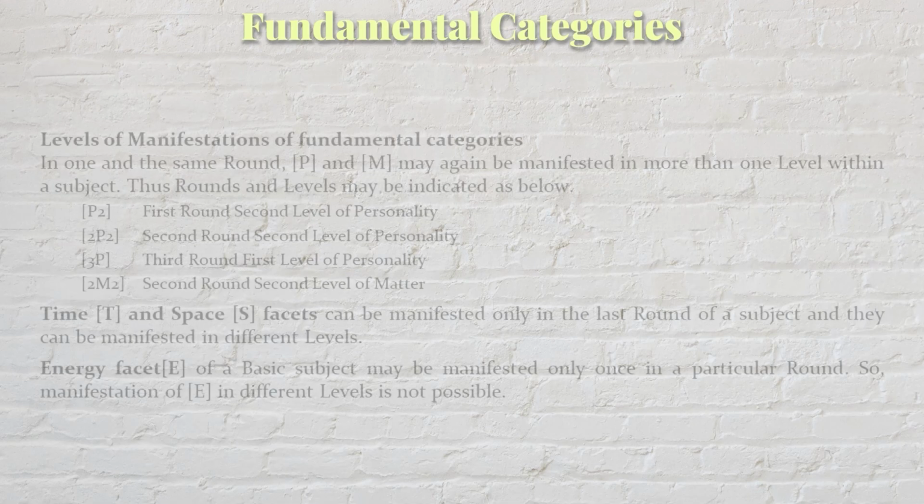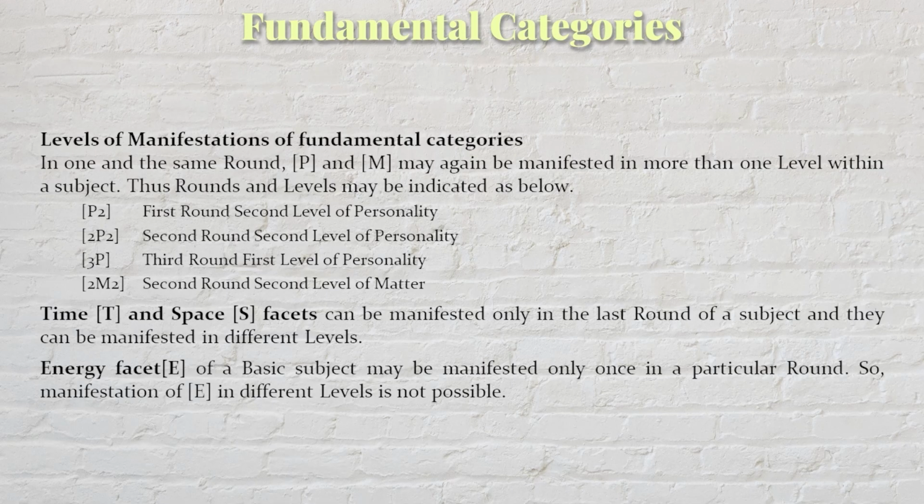Next, levels of manifestation of fundamental categories. In one and the same round, personality and matter may again be manifested in more than one level within a subject. Thus, rounds and levels may be indicated as P2, 2P2, 2M2.